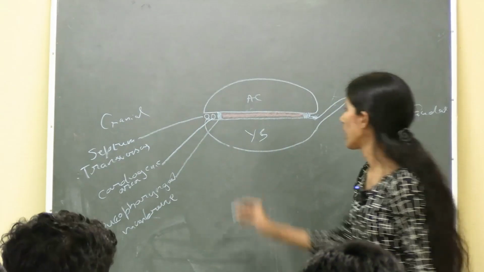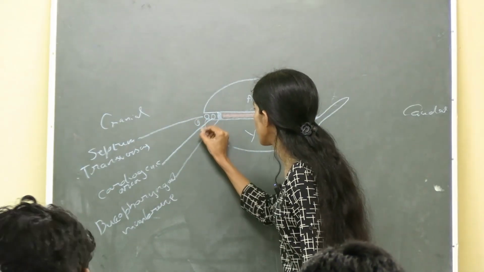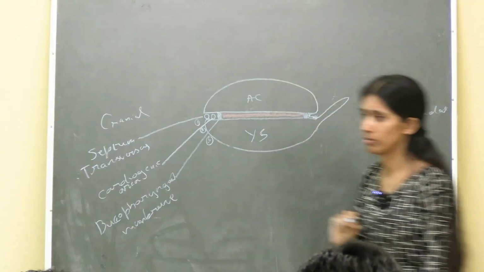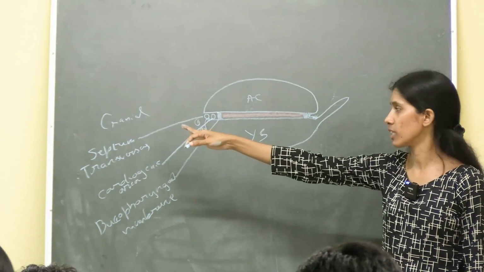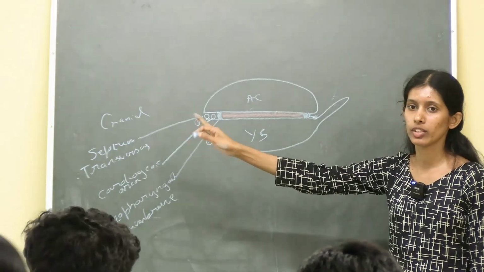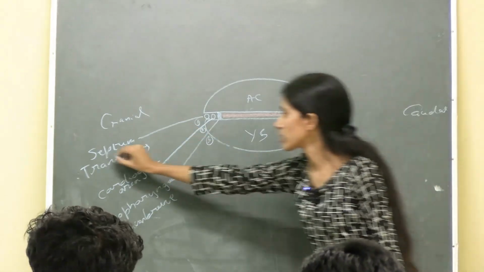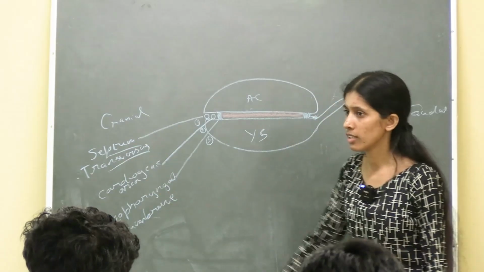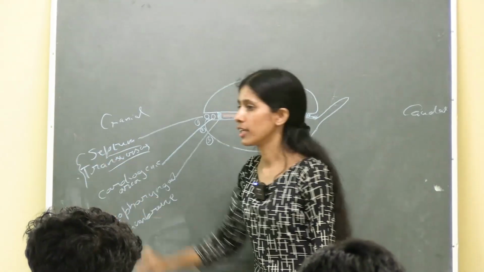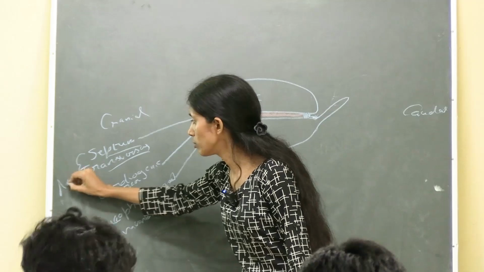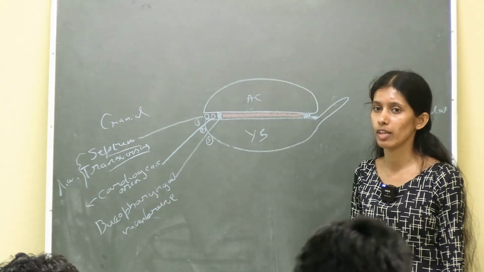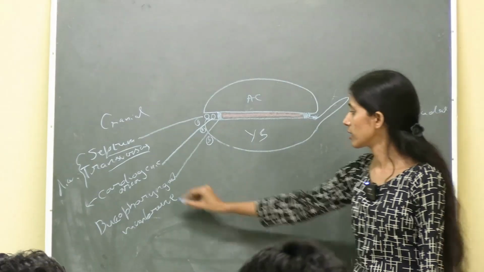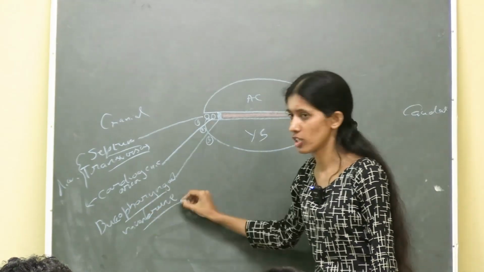Okay, I call them 1, 2 and 3. So the three important structures that we see on the cranial end or head side are: the septum transversum, which develops your diaphragm; the cardiogenic area, where we can see the development of your heart; and the last one is the buccopharyngeal membrane.